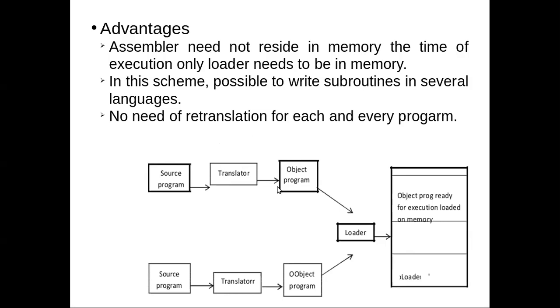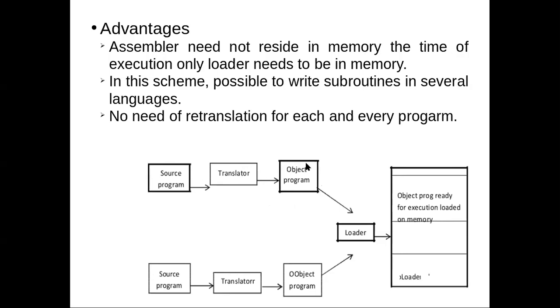The assembler will generate the output, that is the machine language instructions, and it will be punched on a card. A card is nothing but a storage device. It has some storage area, and this coded instruction is called the object program or object deck.